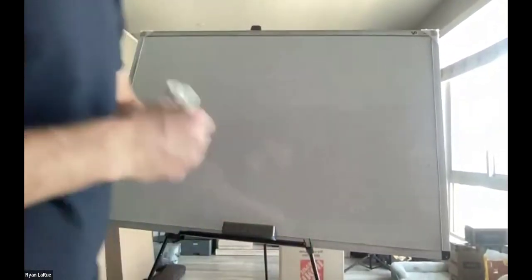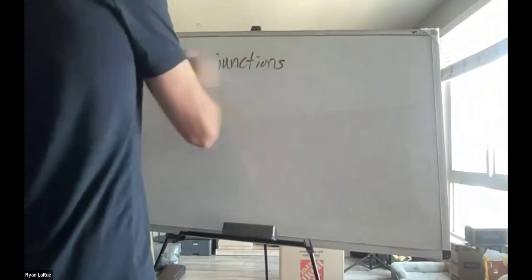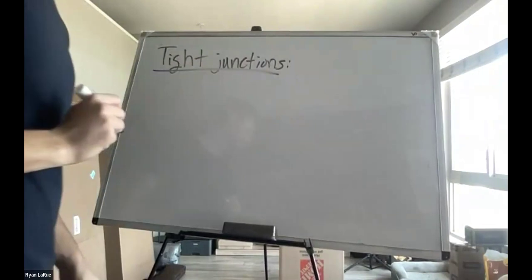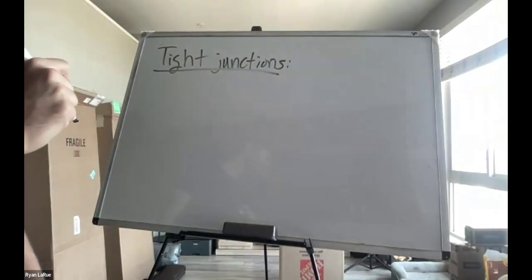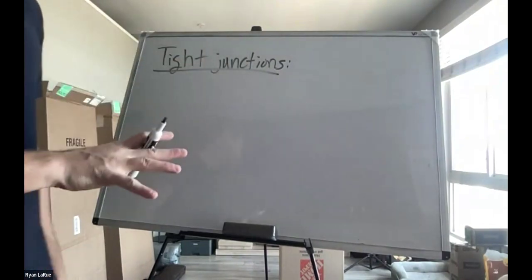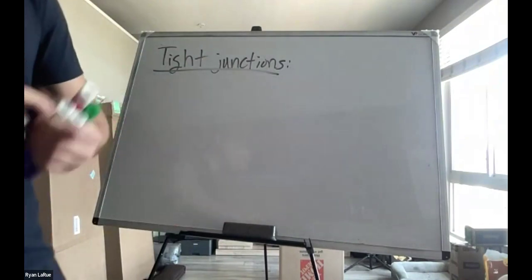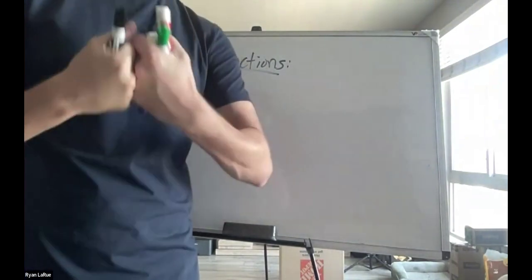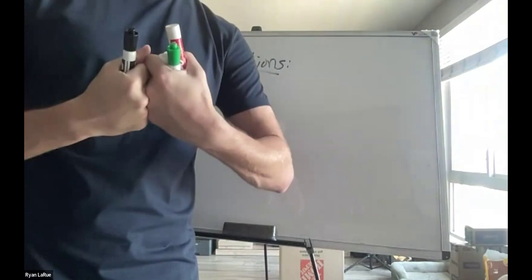We'll start with tight junctions. So as the name implies, these are junctions that keep cells very tightly bound to one another.